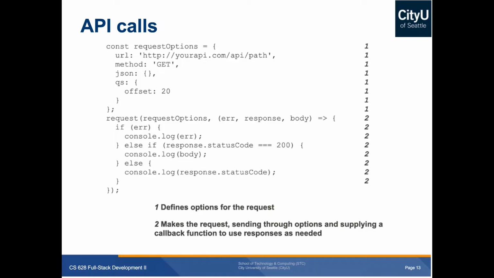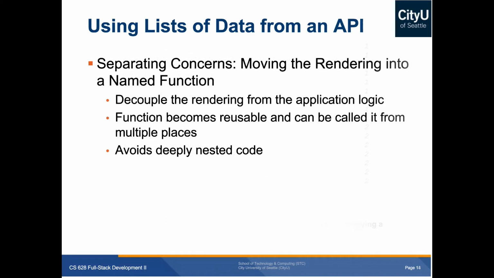We can now use the request module and just pass in the request option, so it's easier to read, or better structured. The second parameter is your error, response, and body. If we get any error, show the error; get the 200 status code, then access the body; if not, show the other status code.